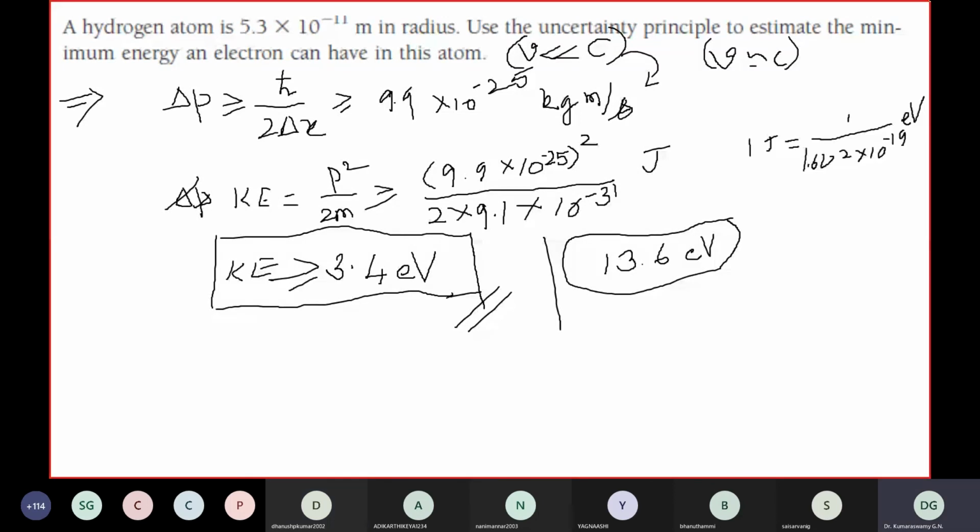Then K is equal to P square by 2m, sir. V is equal to 0 means K equal to P, sir. V greater than C, P, C, sir. Come again, sir, you told V is less. Your voice is breaking.